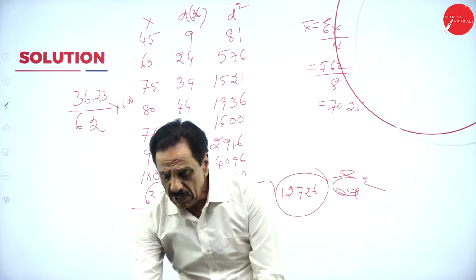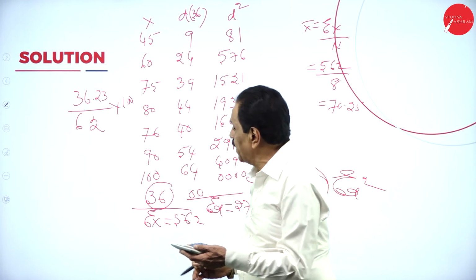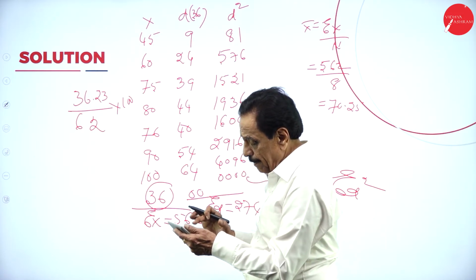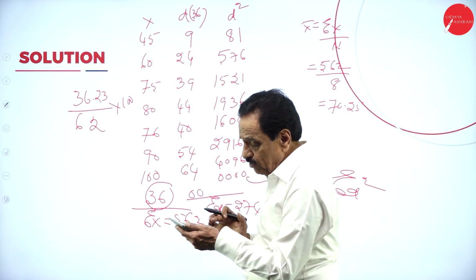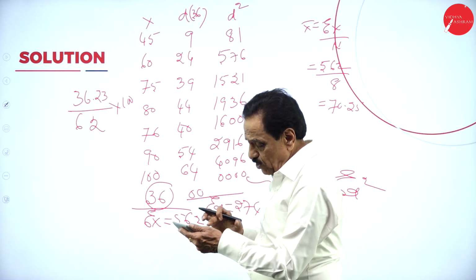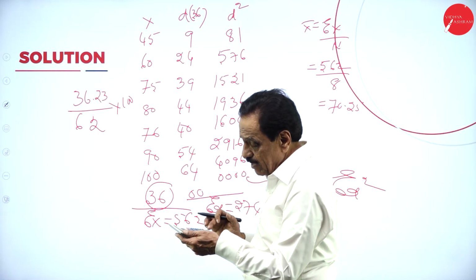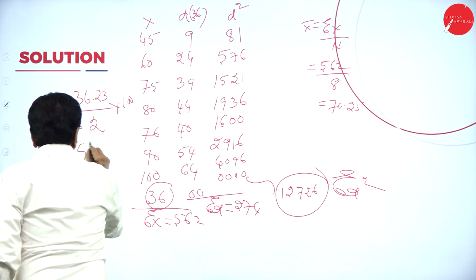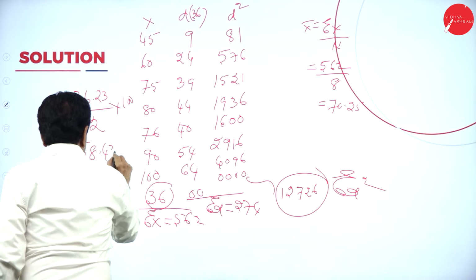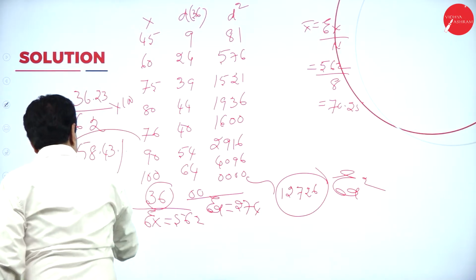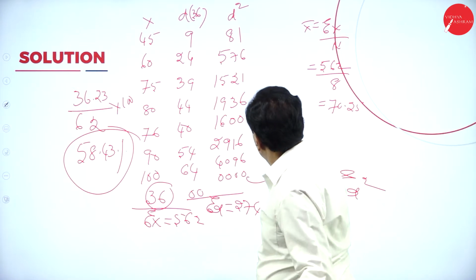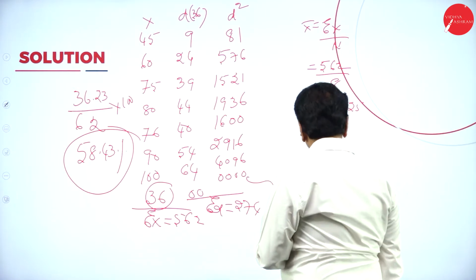We'll do it now. 36.23 divided by 62 is equal to 0.58, into 100. It will come 58.43 percentage. Now we'll go with the conclusion.